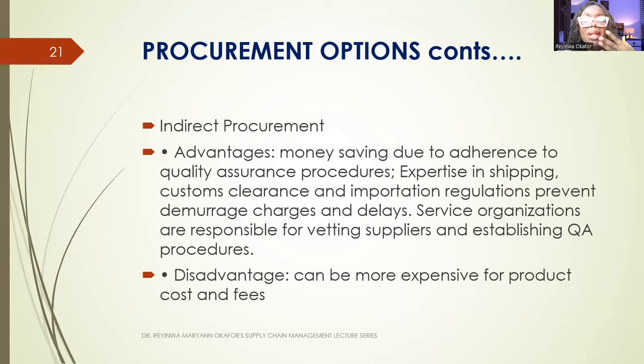Advantages: it saves money due to adherence to quality assurance procedures, because they involve expertise in shipping, customs, clearance, and importation regulation, and it prevents demurrage and delays. Service organizations are responsible for vetting suppliers and establishing quality assurance procedures. And because of that, it saves money and time.